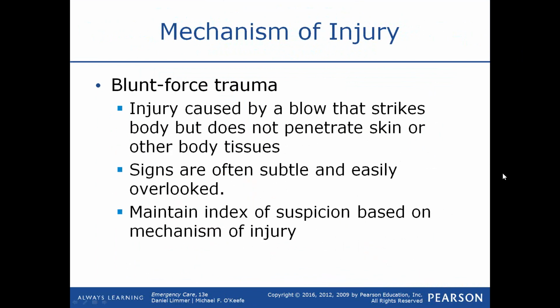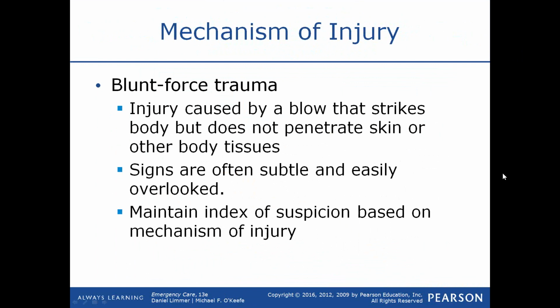Blunt force trauma is injury caused by a blow that strikes the body but doesn't penetrate the skin or other body tissues. So being struck with a baseball bat is a good example of blunt force trauma. Signs could be subtle and easily overlooked, especially if the patient hasn't bruised yet. And with blunt force trauma, we don't know the direction or the path that the energy exchange occurred.